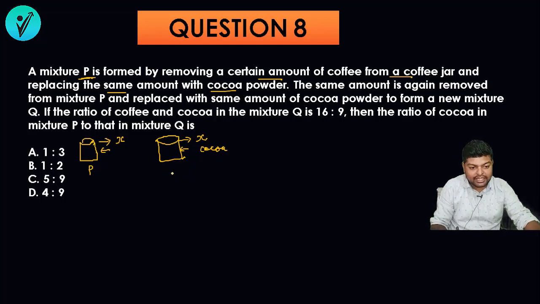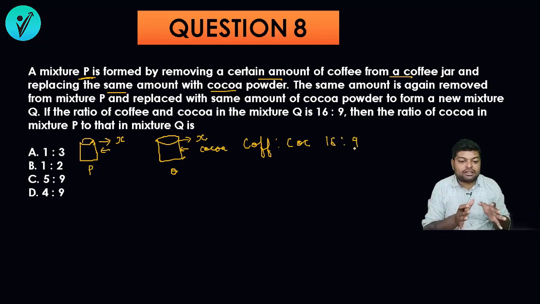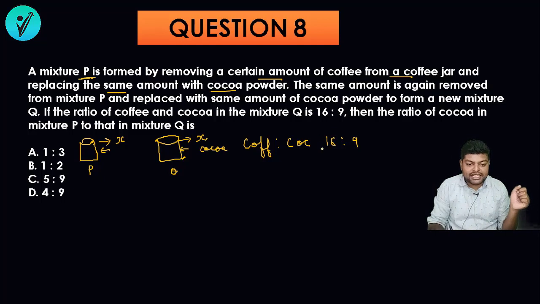So as a result, in this mixture Q, the final ratio of coffee to cocoa that we are getting is 16:9. Or we can say that in that mixture we have 16 parts coffee and 9 parts cocoa powder. So we can say that in total we have 25 parts of mixture.